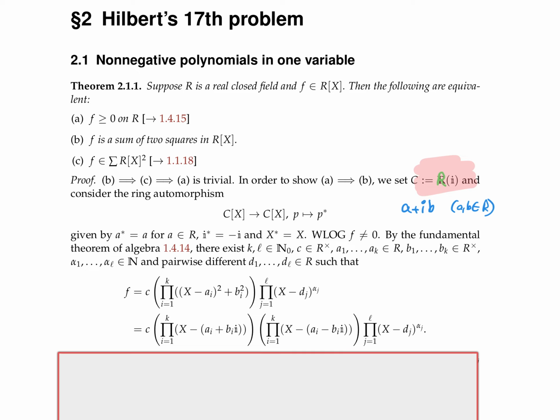You can always factor this further, right? Over C you can factor it, right? Because (x minus a) squared plus b squared is, of course, (x minus a plus bi).